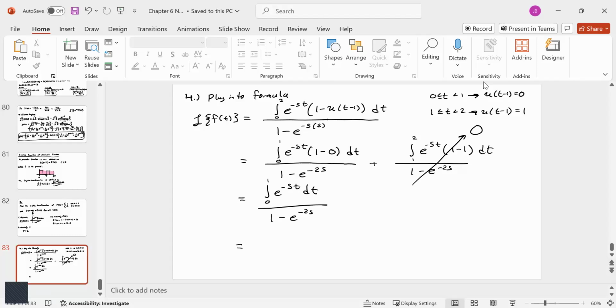Using the fundamental theorem of calculus, we get 1 over s, negative e to the negative s times t, from 0 to 1. If you're wondering where negative 1 over s came from, the integral of e to the kt is equal to 1 over k e to the kt, plus c, of course.